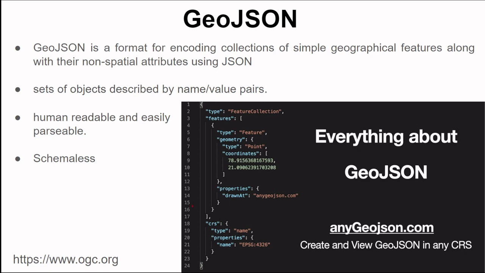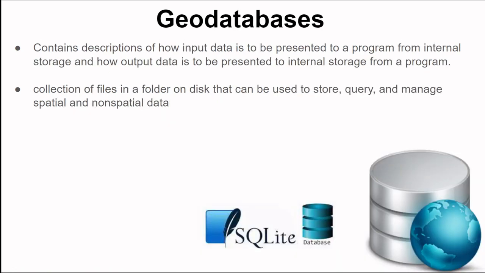And it's very human readable. If you look at this, we can actually read it: this is the type, it's a feature collection, and the features have a geometry, which is of type point. This is the coordinate. It's human readable and you can easily read a GeoJSON. So GeoJSON is also a common format that we use. I think the last thing I will talk about is geodatabase.